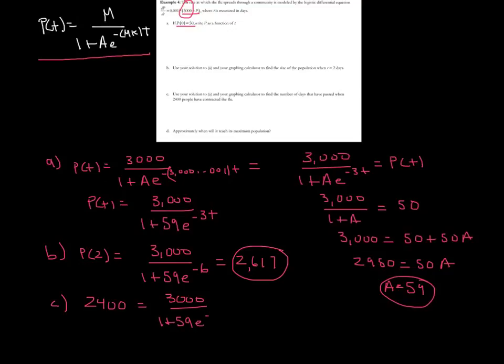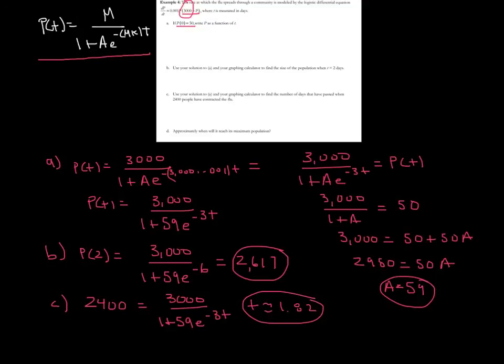You're going to use your solver on your TI-Nspire calculator, or if you have an 84, you can find the intersection between those two curves. You will get a time value of approximately 1.82 days.